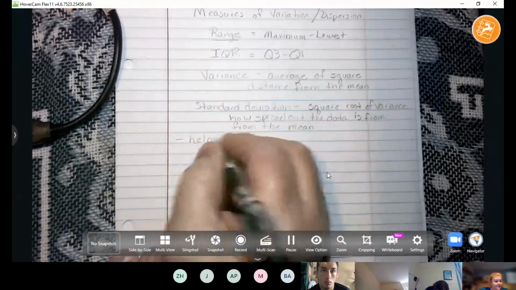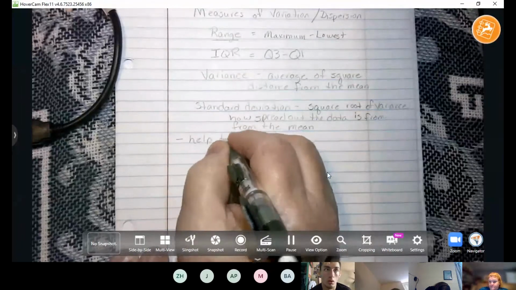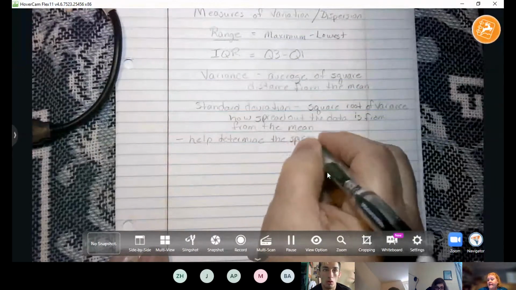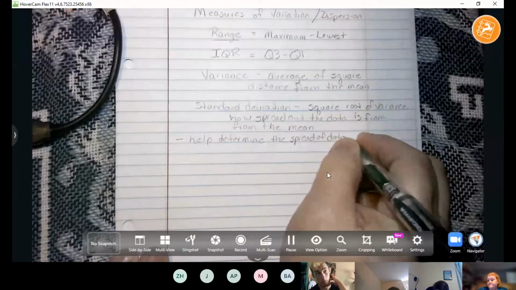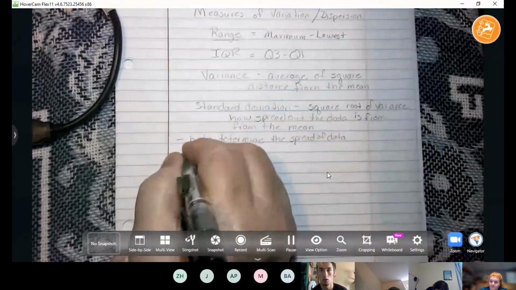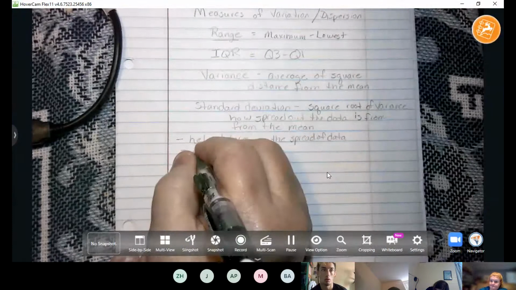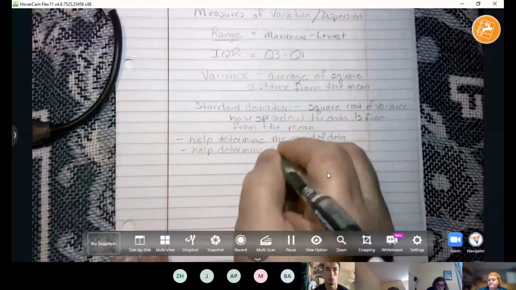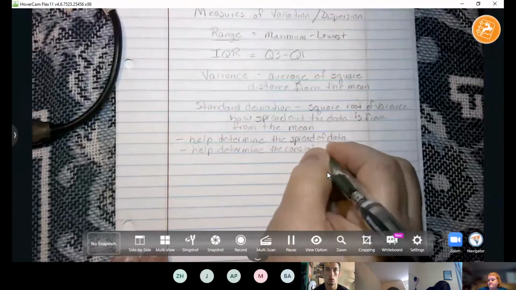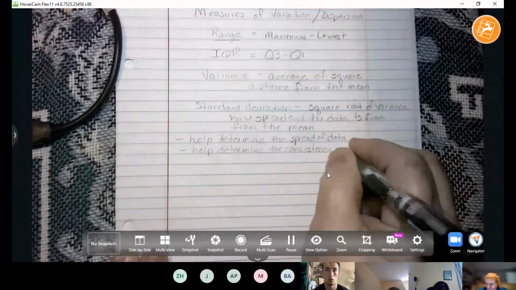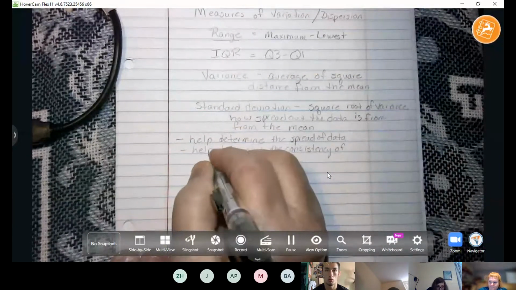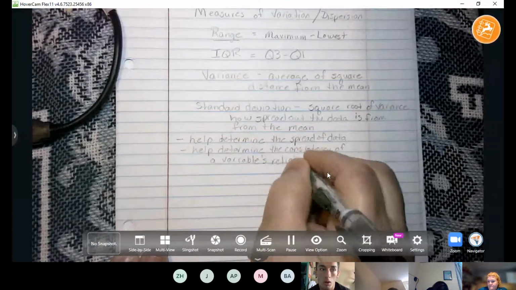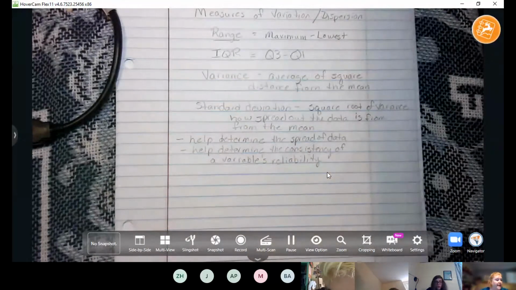They both help tell us the spread of the data, and they both help determine a variable's reliability.